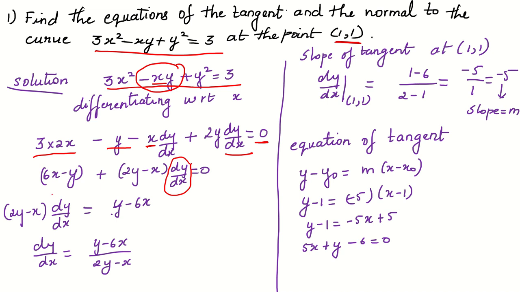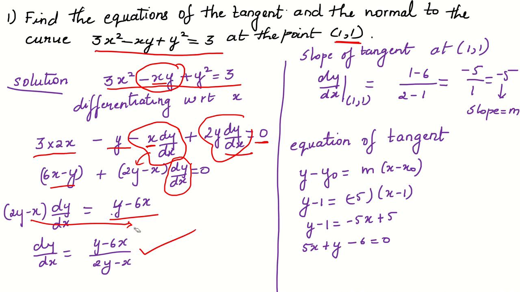So I've clubbed together this and all the dy by dx terms. This and this together give me 2y minus x. Take this to the other side, and take this down here, you get this.